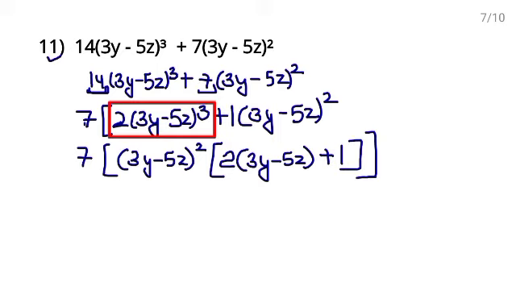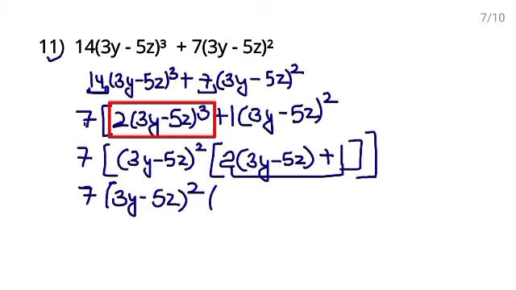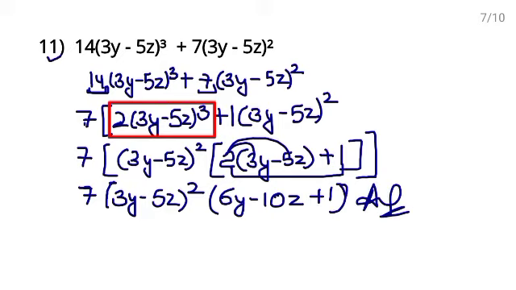So 7 into this bracket is (3y minus 5z) squared. Open this internal bracket. 2 3s are 6, 2 5s are 10. 6y minus 10z plus 1. Right? This is your answer.